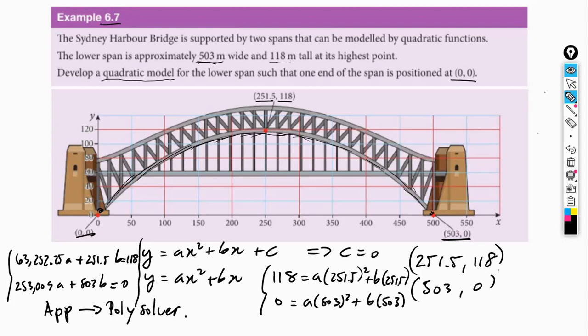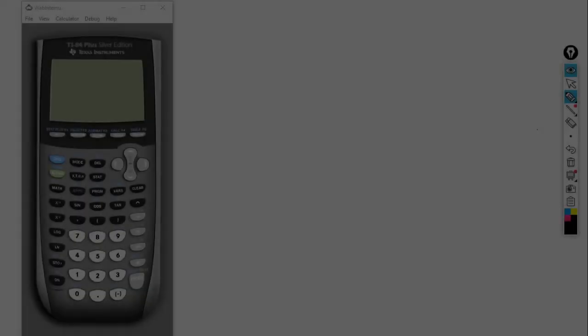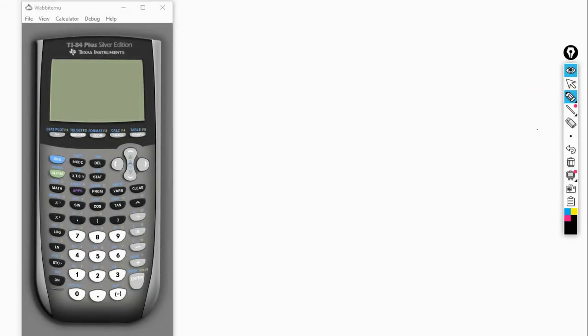But what I will show you with my emulator is how to do a quadratic regression using points. I'm going to write that here, quadratic regression.